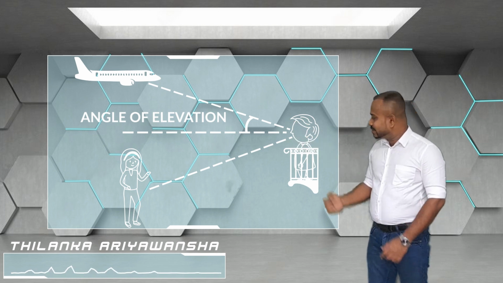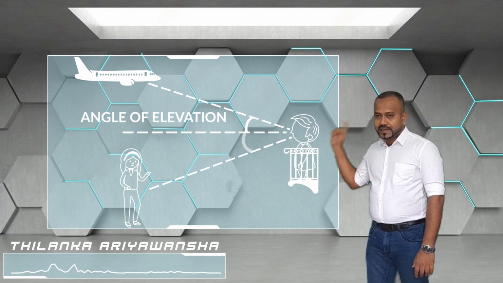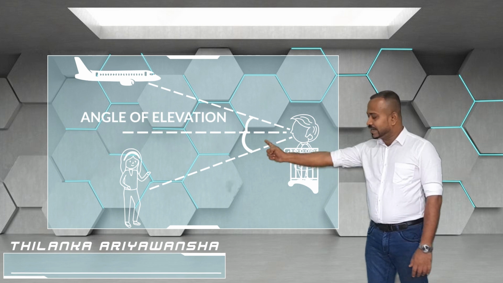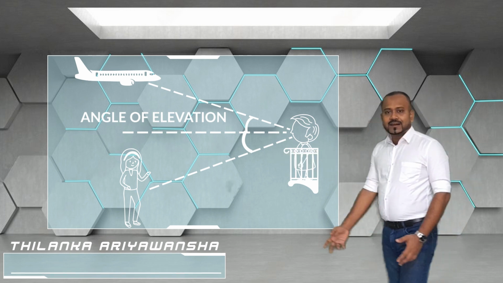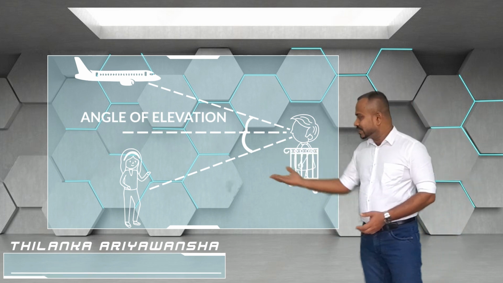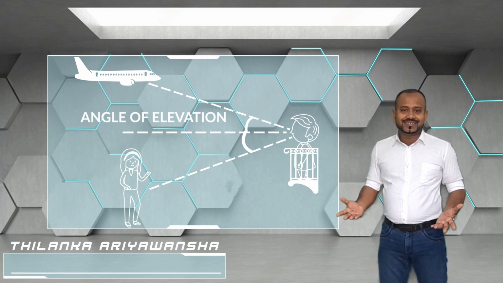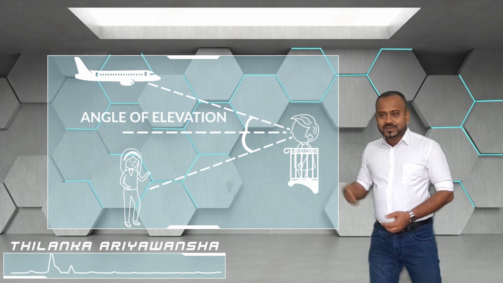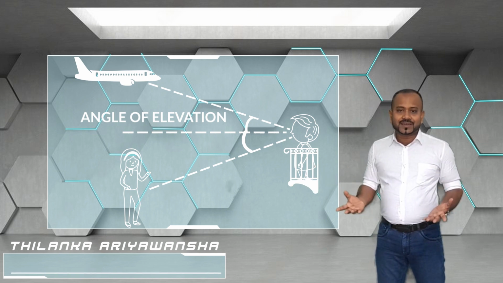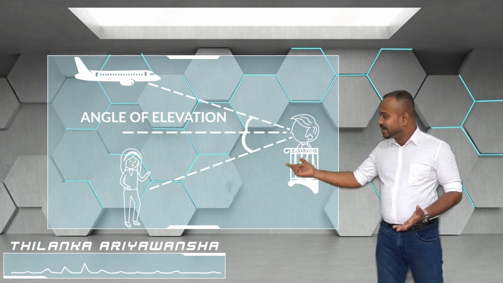You can see the line of sight and the horizontal line. Now these two friends are chatting. This boy is asking, "Hello Scarlett, where are you going?" Then this girl says, "I'm going to the market." Then likewise they are chatting.